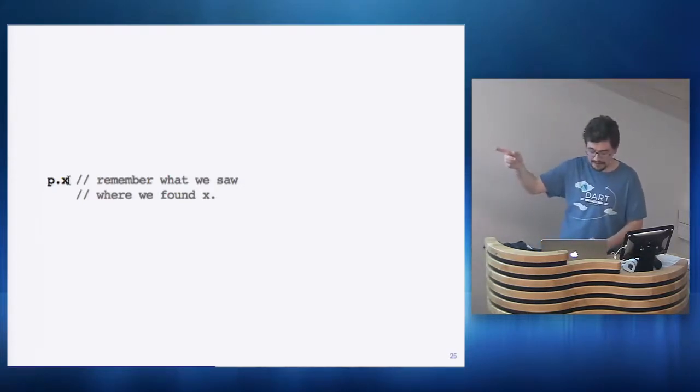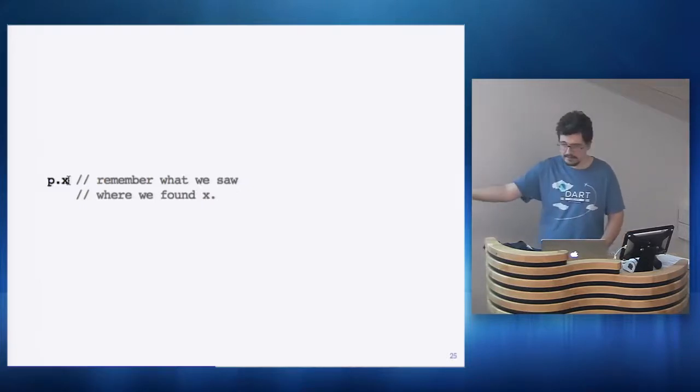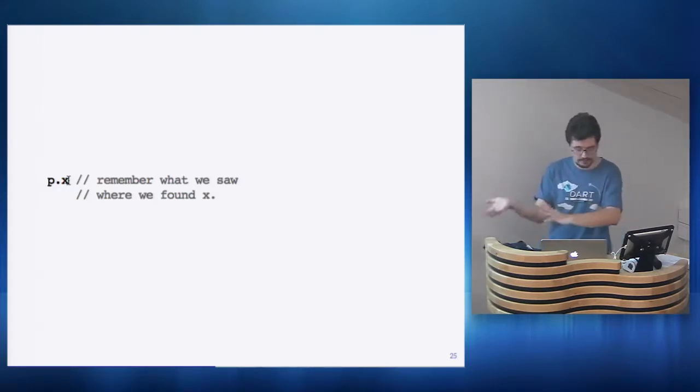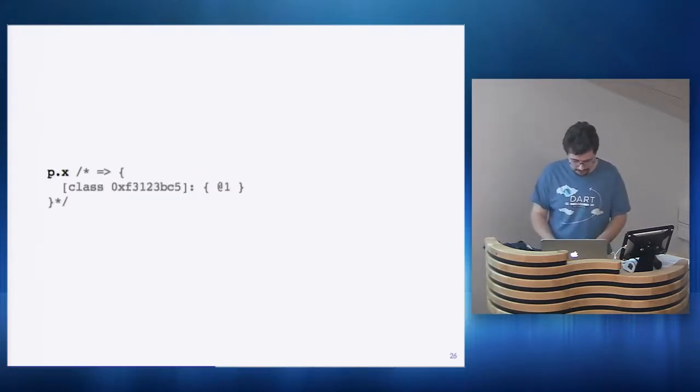And the next time we come there, we say, is it the same hidden class? Then we already know where x is. So it's just a simple table, which maps the hidden classes to the places where the lookup results or something else is. So it's just like a normal cache, a key-value store.